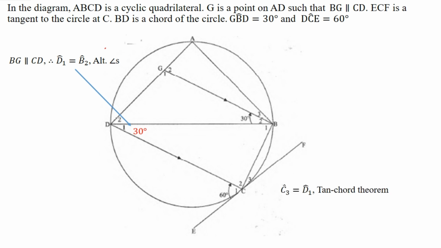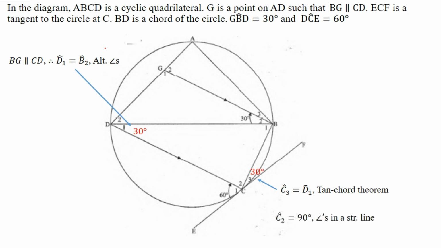Now considering angle C3, angle C3 is equal to angle D1 because we see the tangent which intersects the chord. So there is an angle between the tangent and a chord, angle C3.